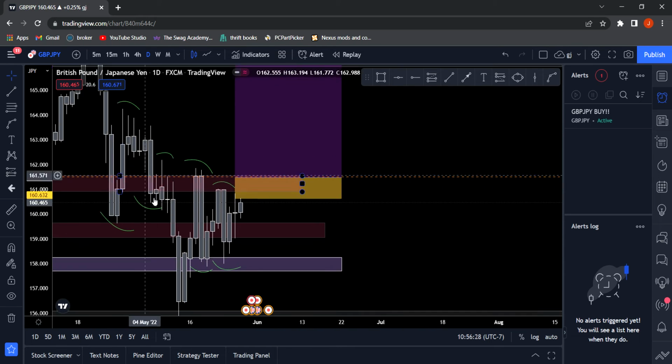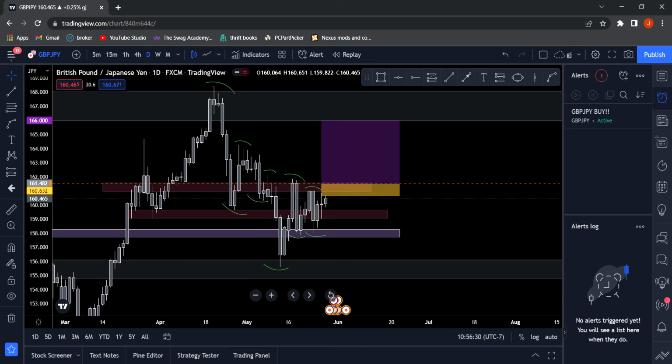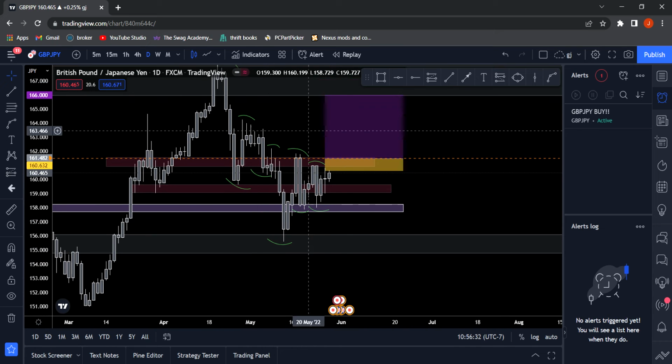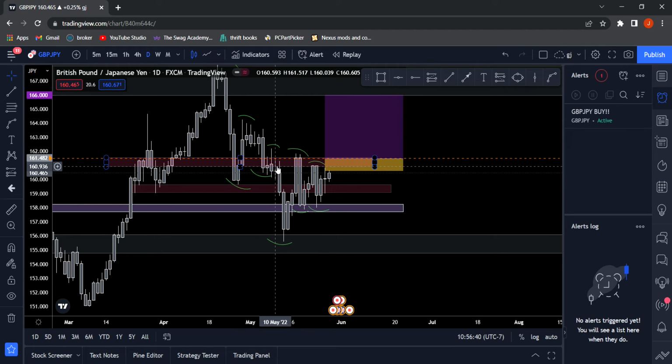Basically, what I'm looking for is if price is below this weekly zone, like it has been for the past couple days, I'm looking to sell based off daily structure. You see it broke and retested, came down, made an equal high, came down, made a lower high, and came back down.